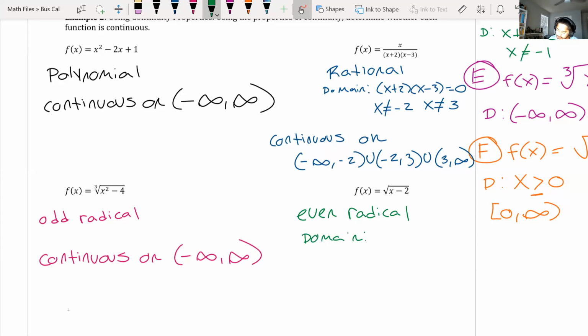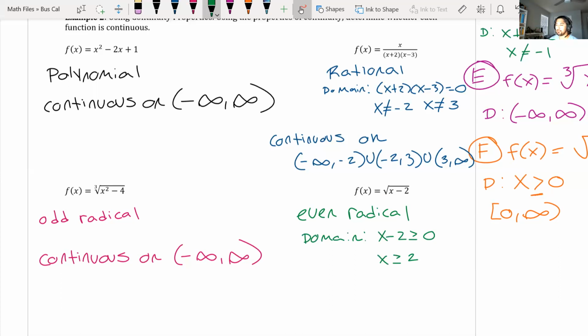So remember, with even roots, we have to take whatever's inside the house and set it greater than or equal to 0. And now we're going to solve for x. So here, if we solve for x, we're just going to get x is greater than or equal to 2.